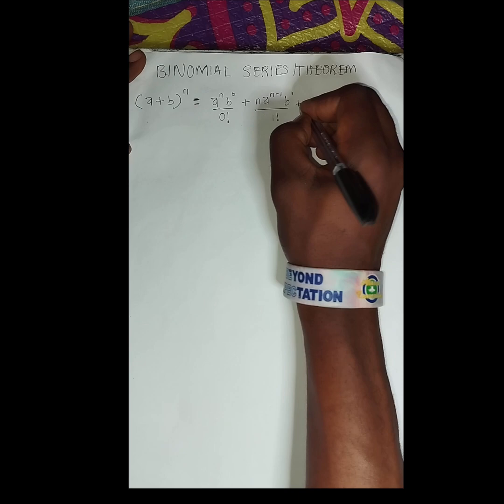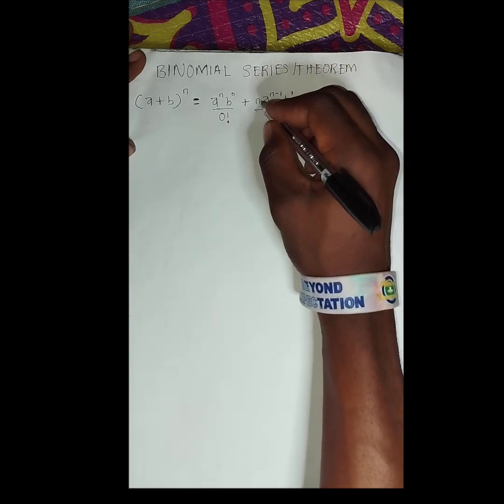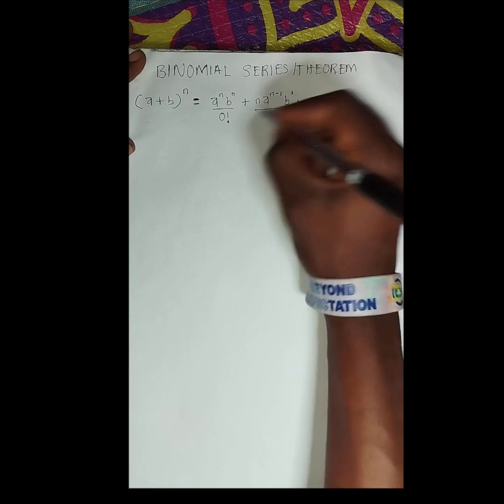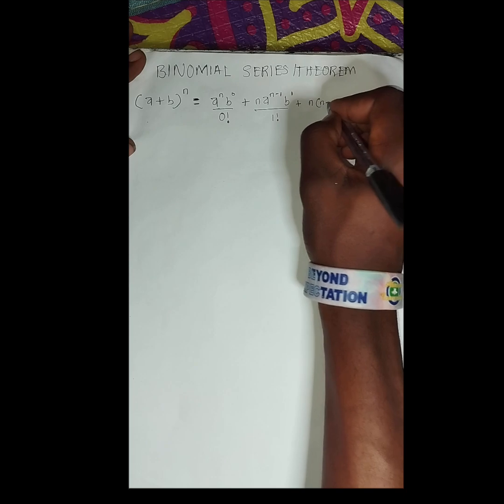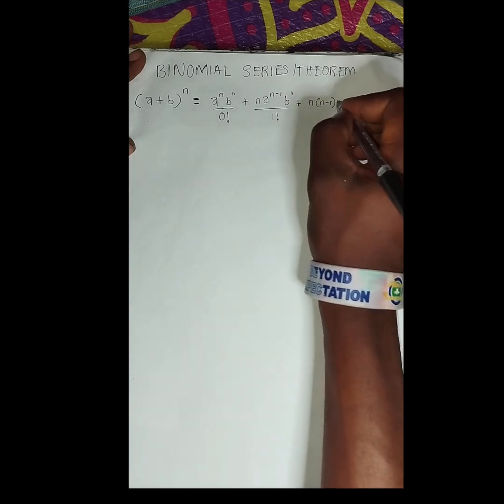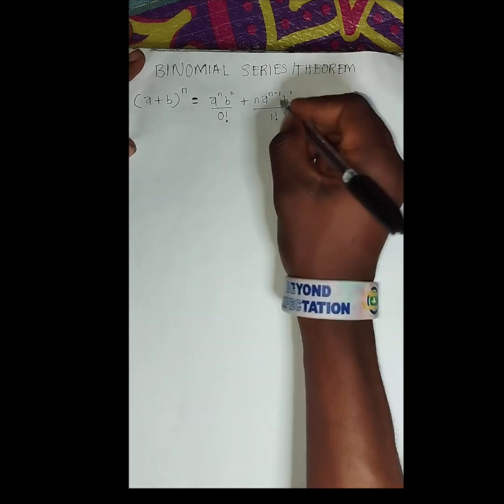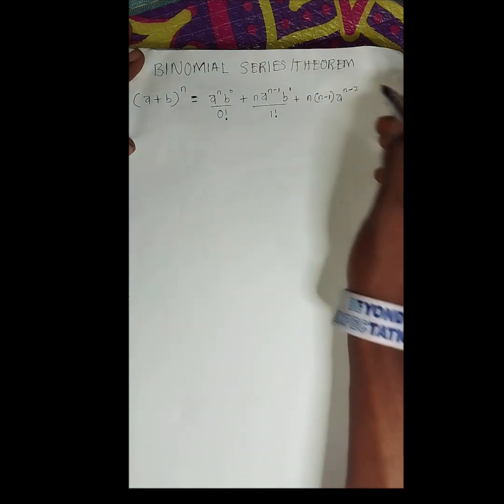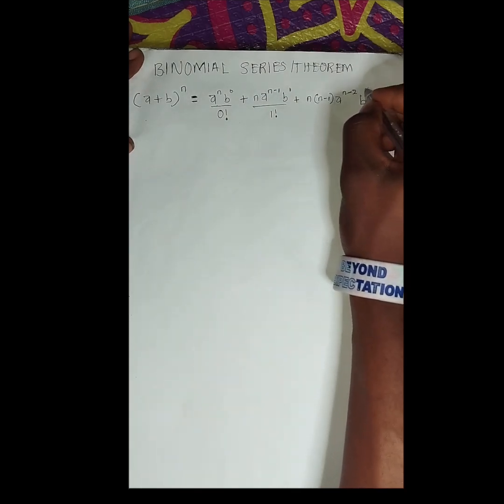Plus, you keep doing the same thing. N minus 1 again would come to the back. You have n there already at the back, so n minus 1 will come to the back. You put it in a bracket like this: n minus 1. So what will happen again? You have a raised to the power of n minus 2. Subtracted 1 again from it. That gives us n minus 2. Then your b would be raised to the power of 2.